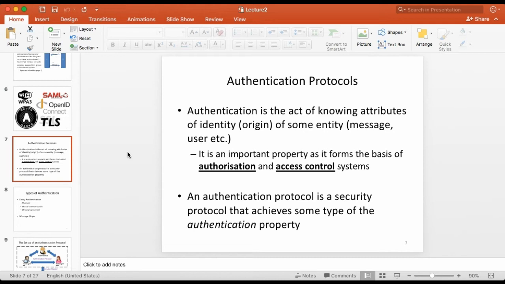So authentication is the basis of authorization or access control, and therefore it is a very important property that often is a starting point when you're attempting to put a system together in your organization. As such, we can define an authentication protocol as a particular class of security protocols that have in mind achieving this property or some type of authentication property.